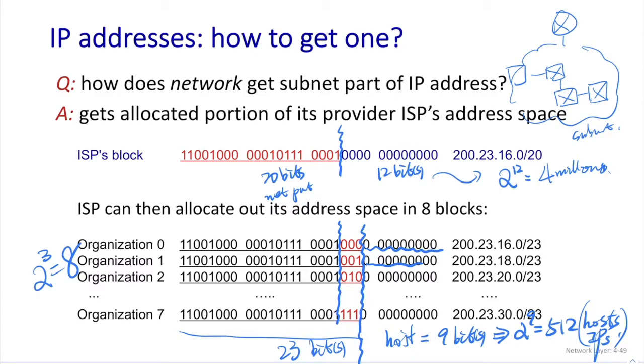Right here, we borrow 3 bits from the host part, so we can create 8 different subnets. Each subnet now becomes a /23. Originally it is a single /20 subnet, and now we have 8 /23 subnets.